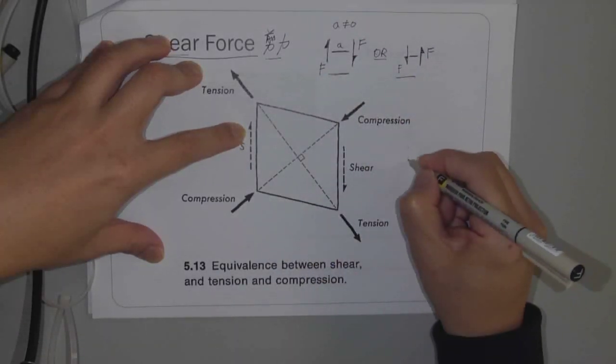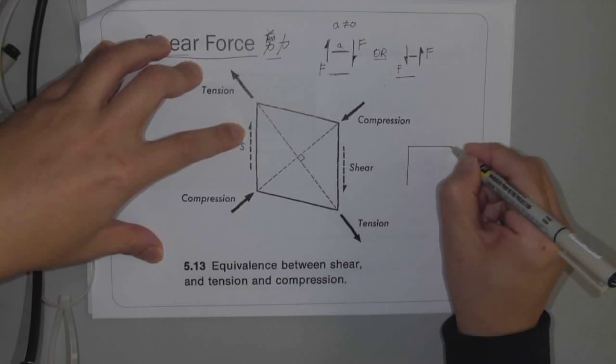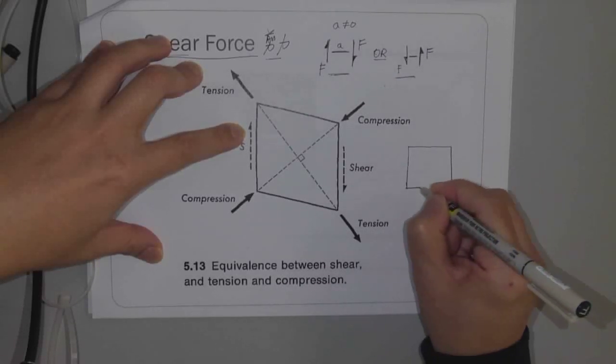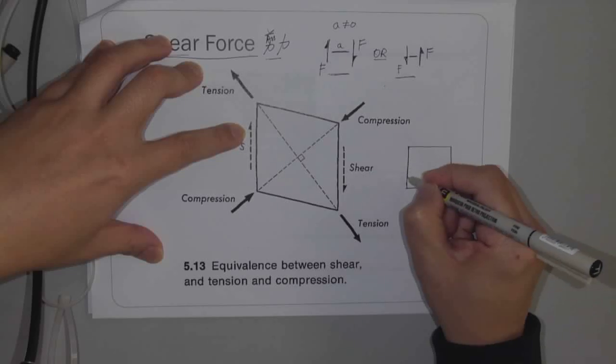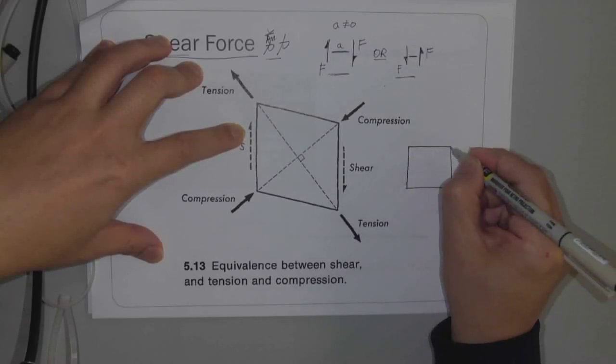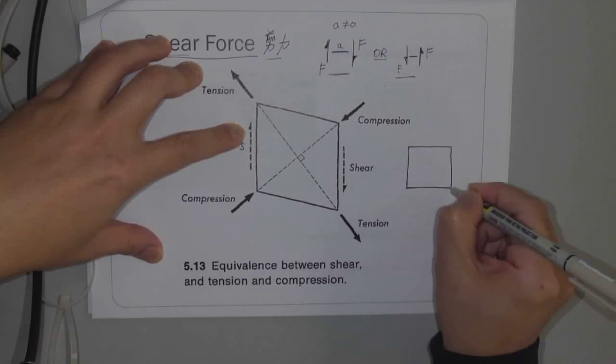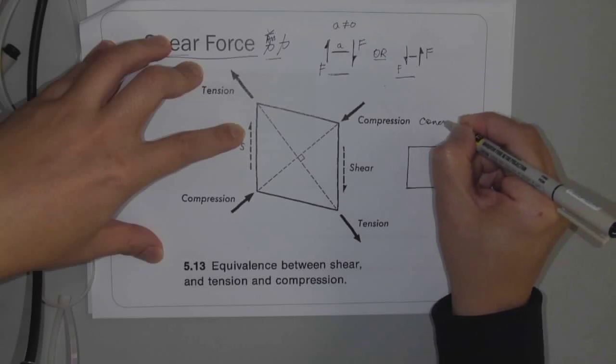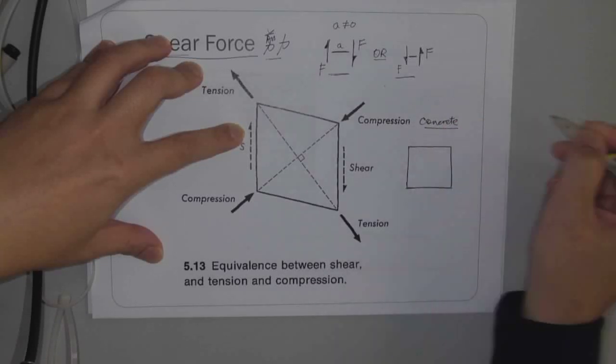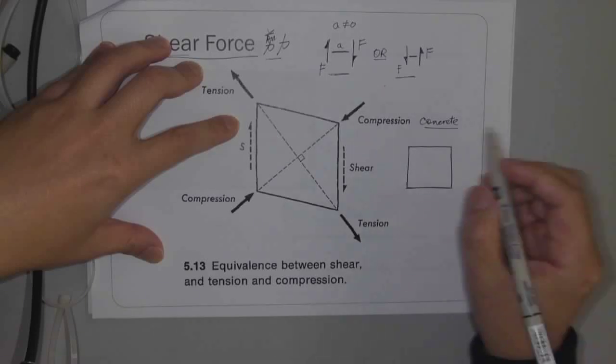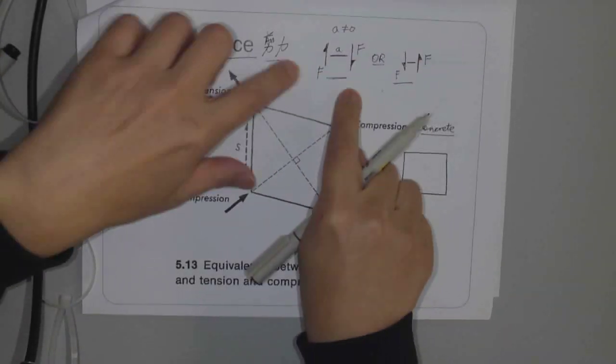So let's say I have a piece of concrete, assuming this is a piece of concrete, right? A square piece of concrete. So this is my concrete. And let's say this is under a pair of shear force like that.